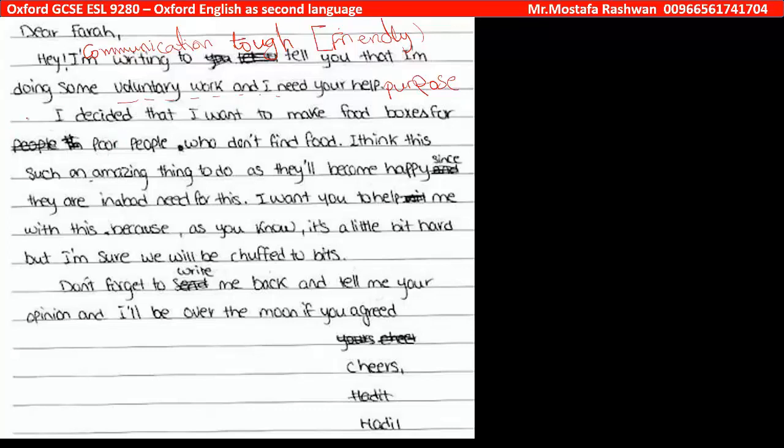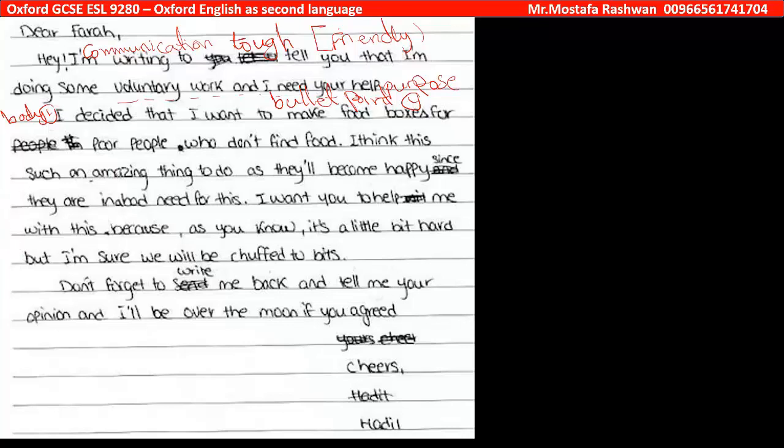Then he started his body paragraph here, in which he is supposed to cover what? Bullet point number one. So the first bullet point should be covered in this paragraph. He already started doing this, but is he successful?